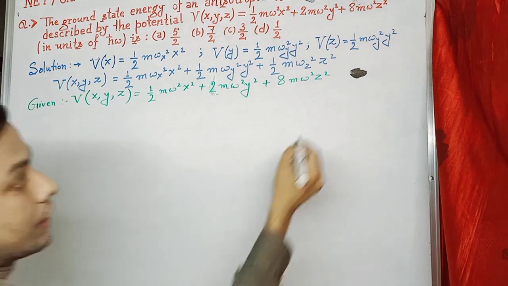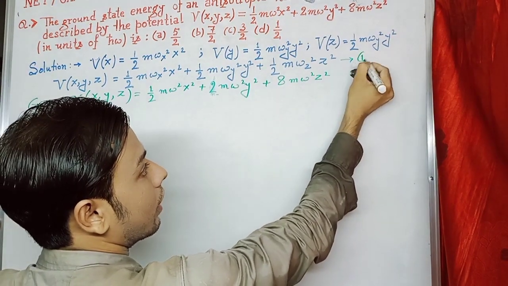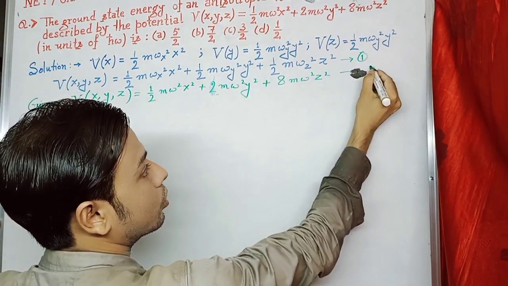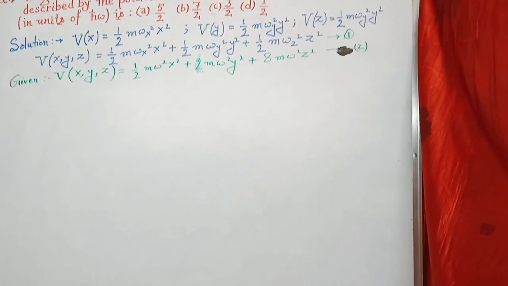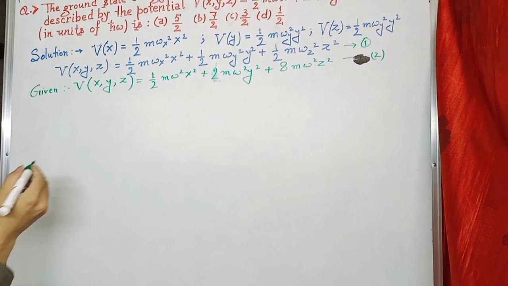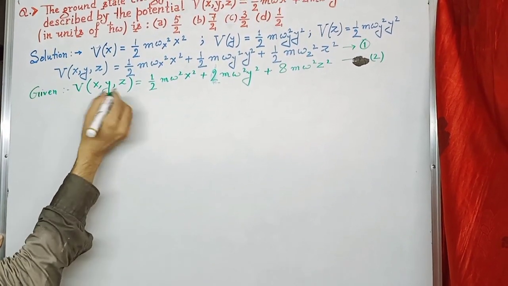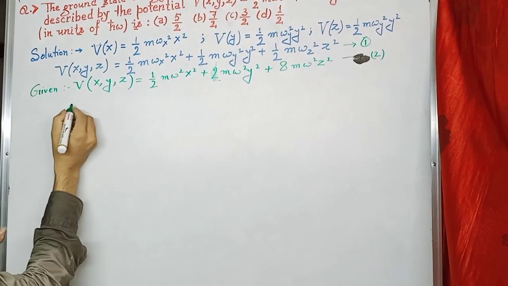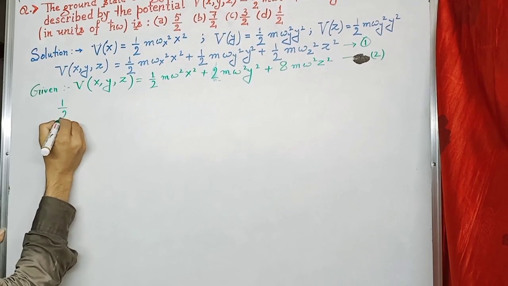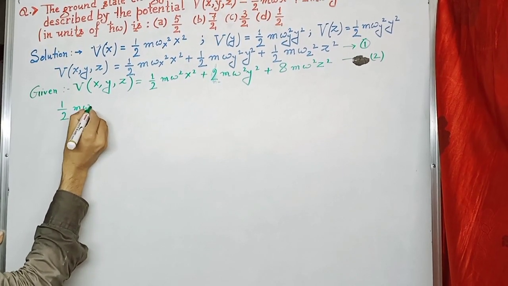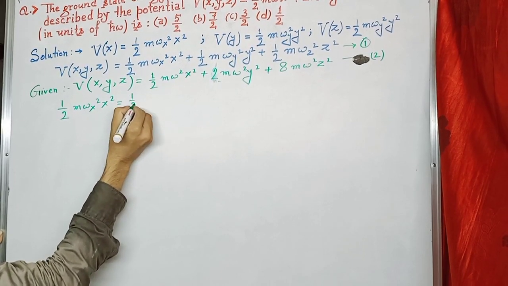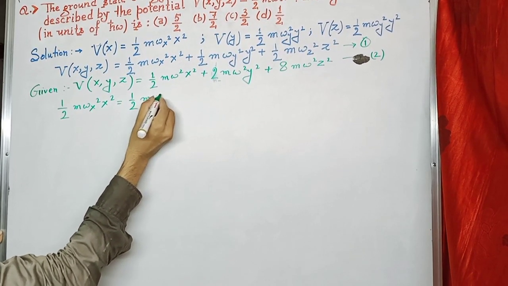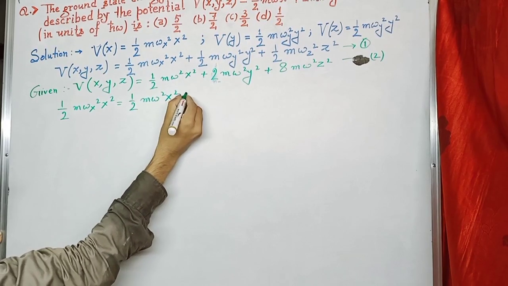Let this be our equation number 1 and the general form be equation number 2. Now if we compare equation 1 and 2, we get half m omega x square x square equal to half m omega square x square.